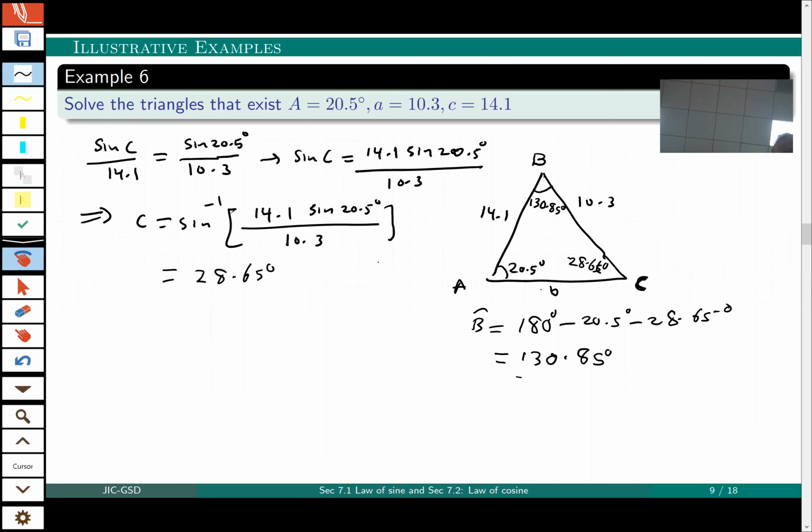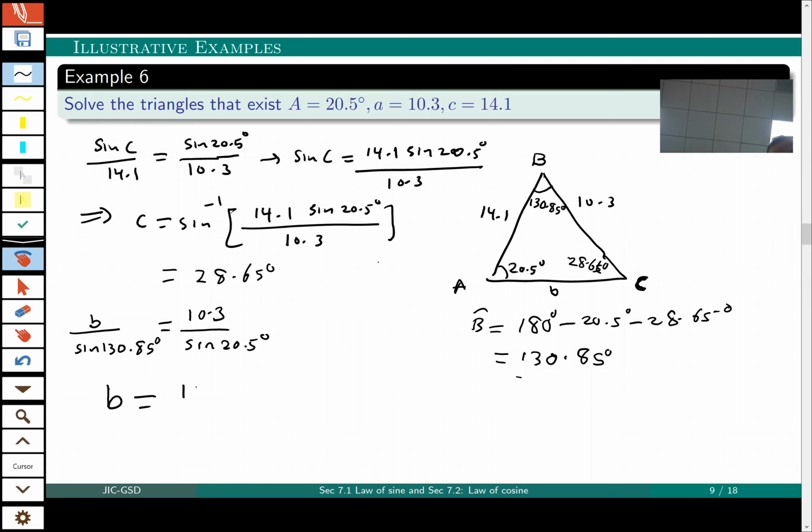So we will say B divided by sine 130.85 will equal 10.3 divided by sine the opposite, which is 20.5.